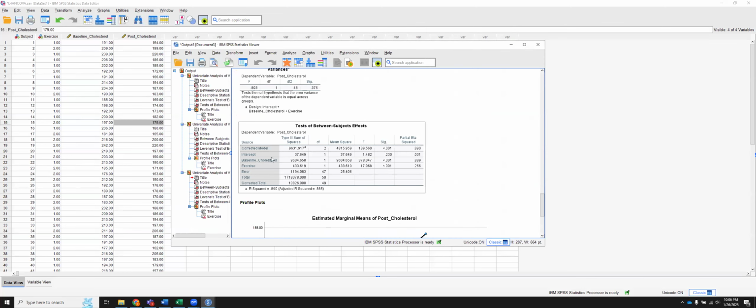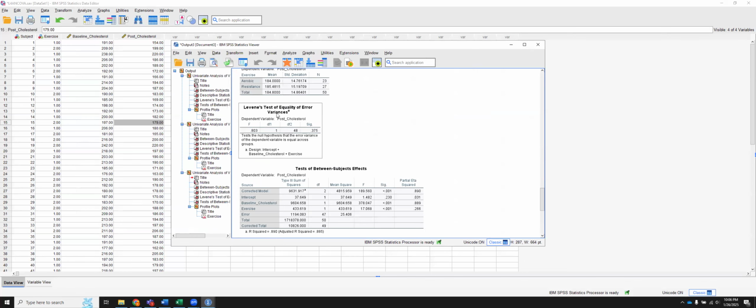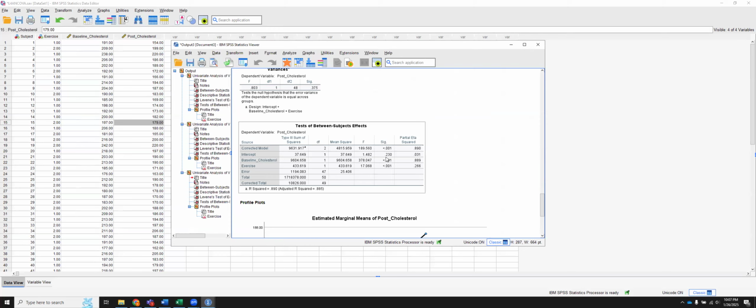Looking at these results, the variance test is greater than 0.05, which means there's no statistically significant difference in the variance, which is good. Now let's take a look at the table over here. You can see the exercise has a very significant difference, because p is less than 0.05.